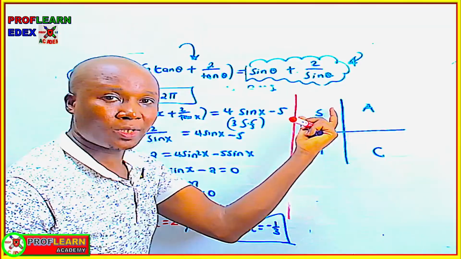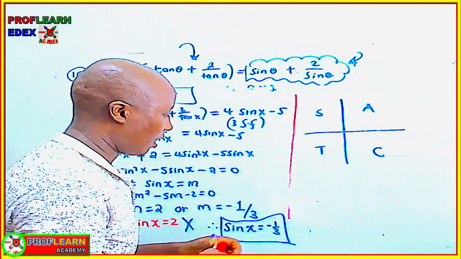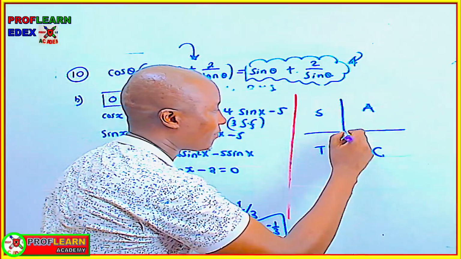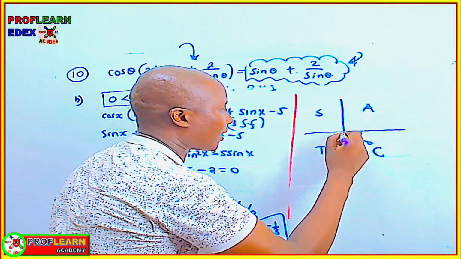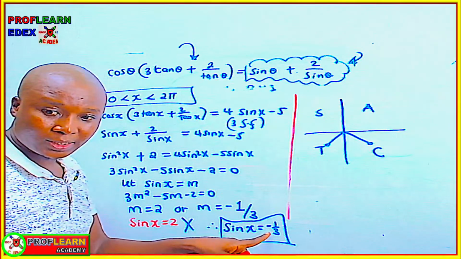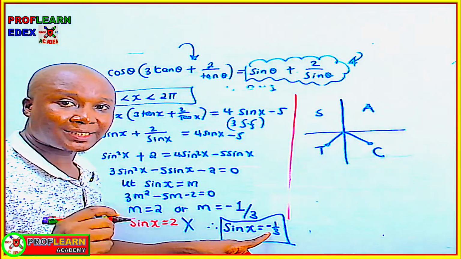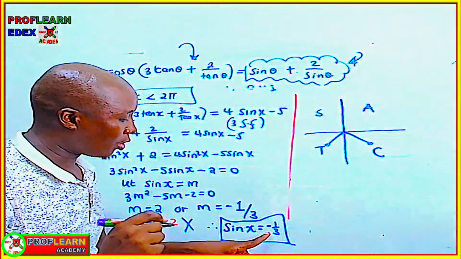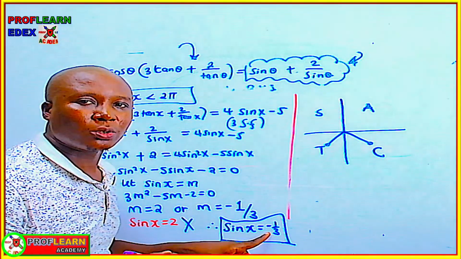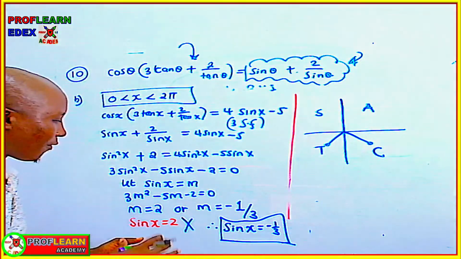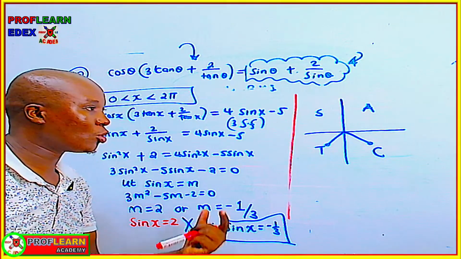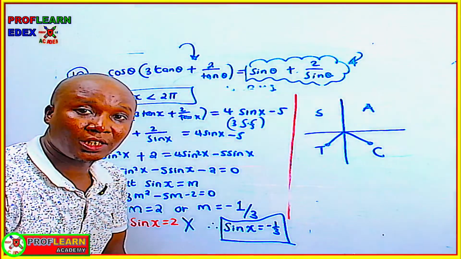In the second quadrant, only sine is positive. So we want where sine is negative. Sine is negative in the fourth quadrant and in the third quadrant. So this sign enables you to decide which quadrant you are going to use. Anytime you have solved the quadratic and you have gotten these values, you are going to check, is it positive or negative?